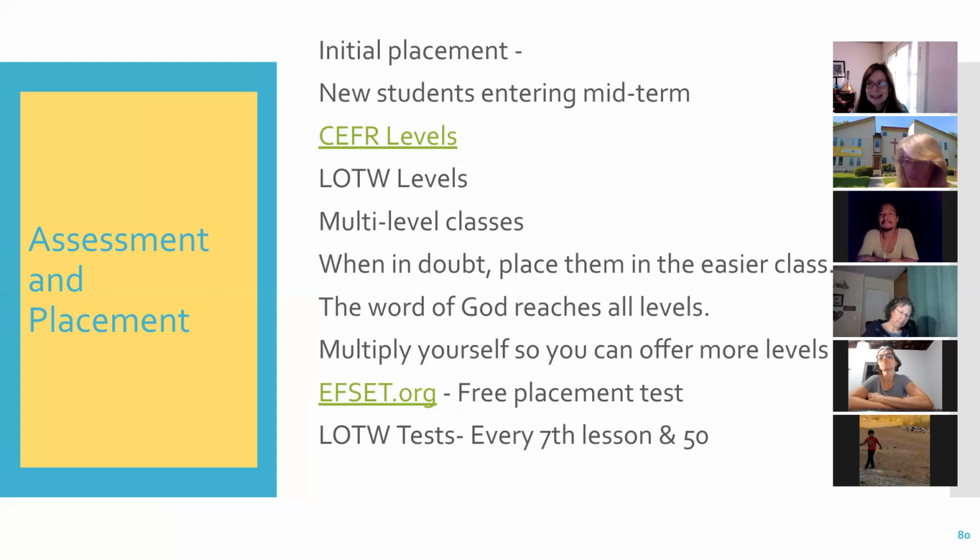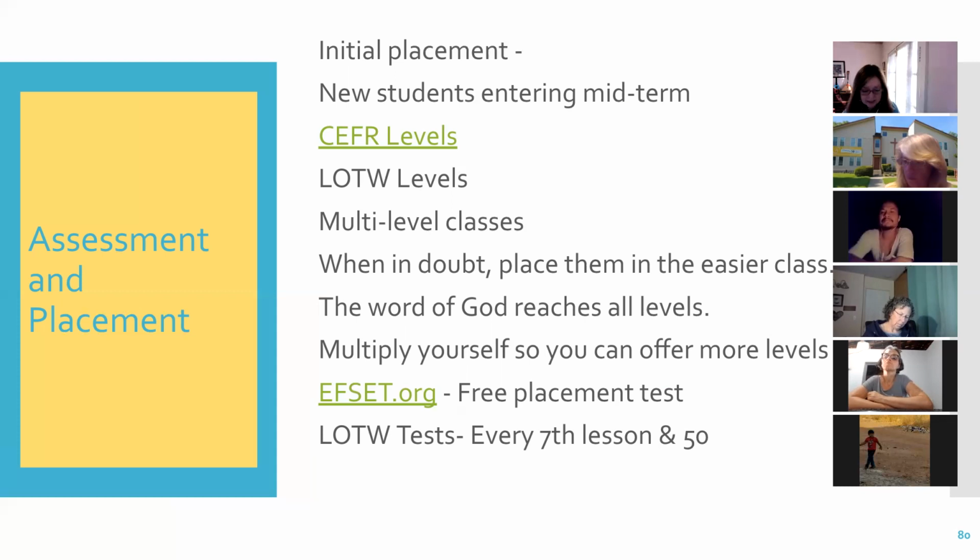So ideally, in a perfect situation, we will have students of the same level in the same class. And when we talk about levels, in general terms, we talk about beginning, intermediate, and advanced students.